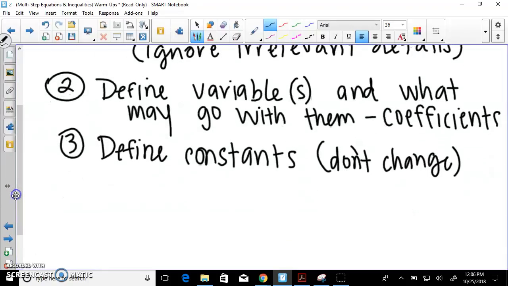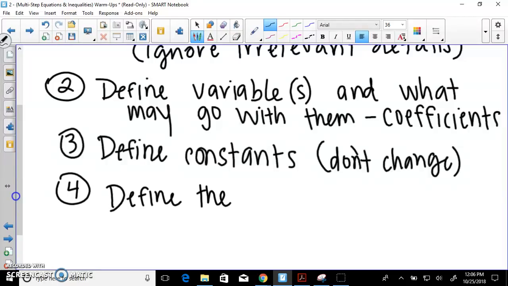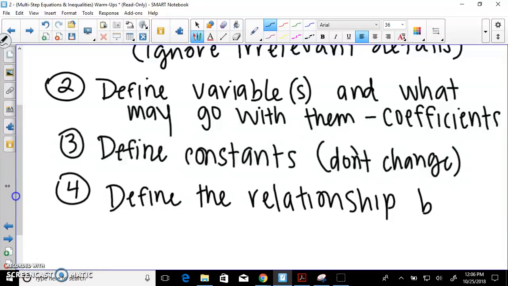It's not going to have a variable associated with it. Once we've defined our variables and defined our constants, the last step is to define the relationship between the variables and constants.